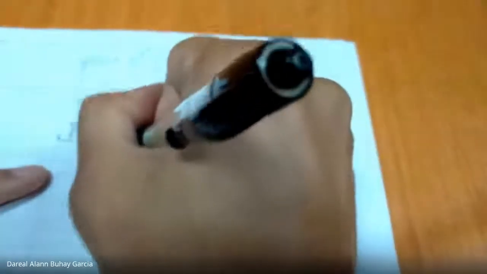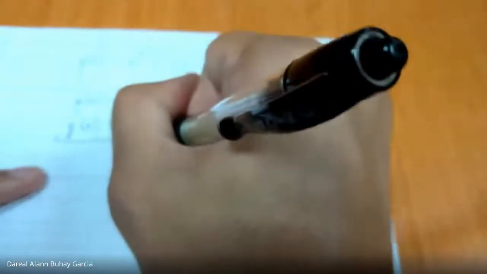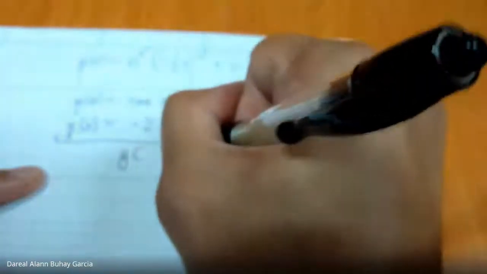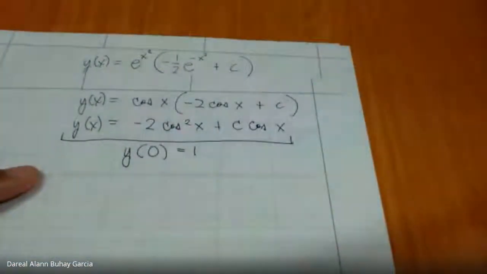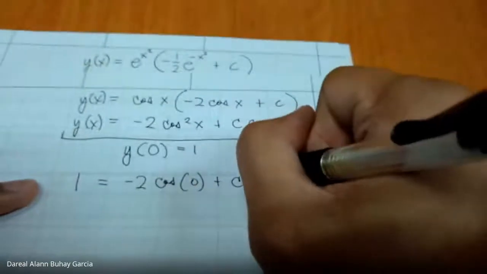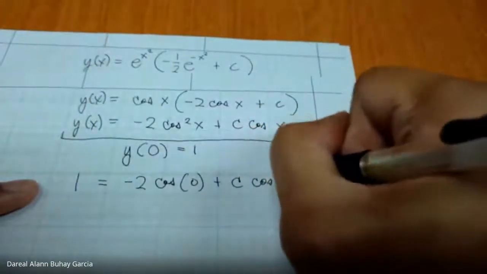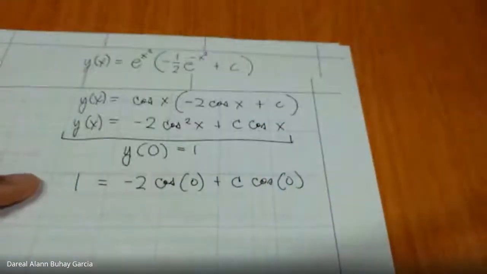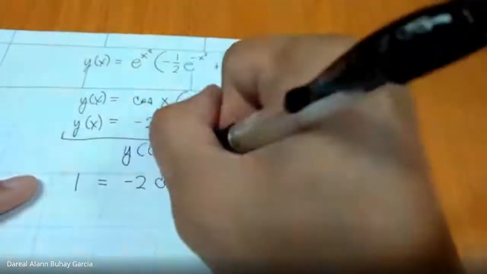Subject this to the initial value condition. Cosine 0, if I'm not mistaken, is 1.